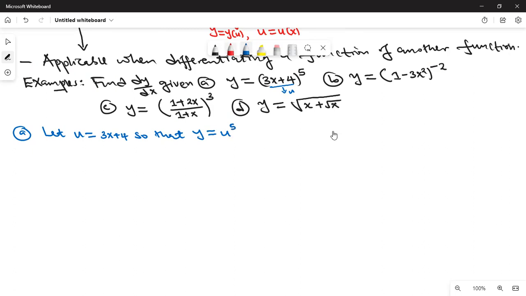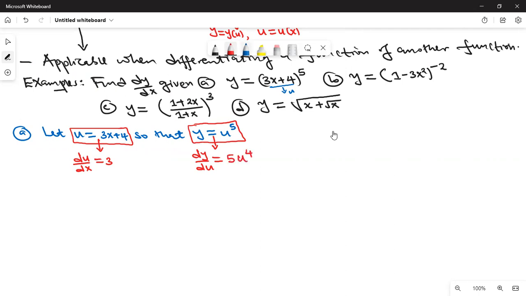So I need to differentiate u with respect to x so that you get du dx, that is equal to 3. Also differentiate the other one with respect to u, dy du. Power rule will give us 5 times u raised to 4.